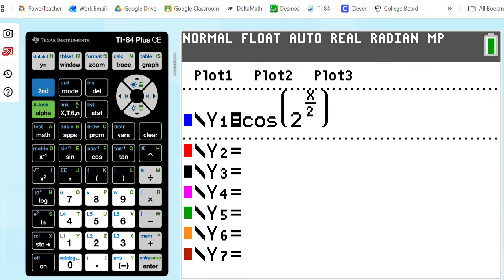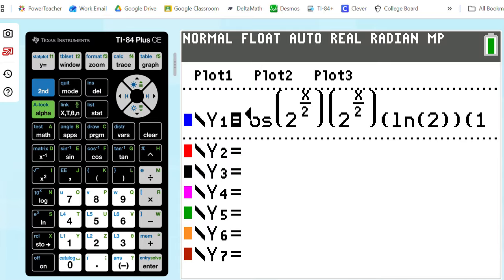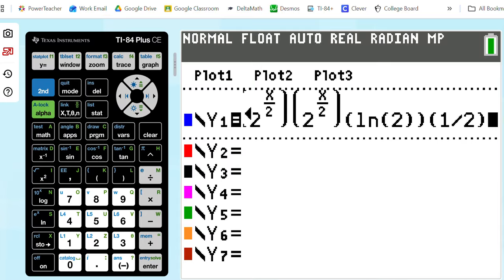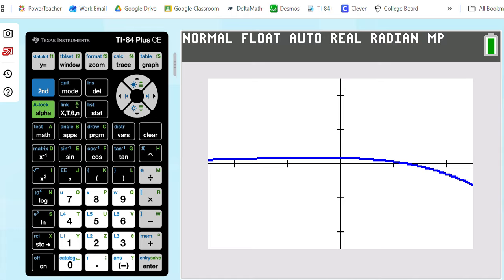And then we're going to multiply that by 2 to the power of x over 2. And then we're going to multiply that by the natural log of 2. And then we're going to multiply that by 1/2. And if I graph that, it looks like that.